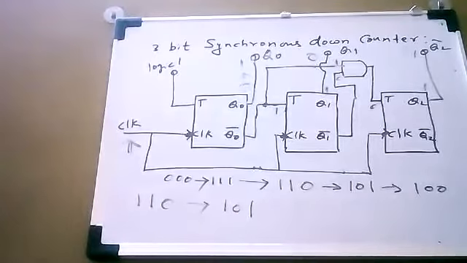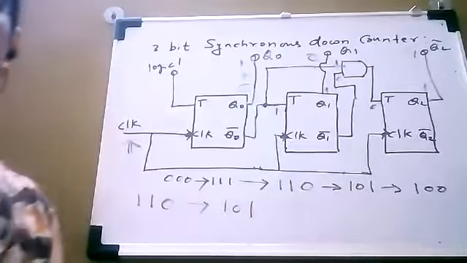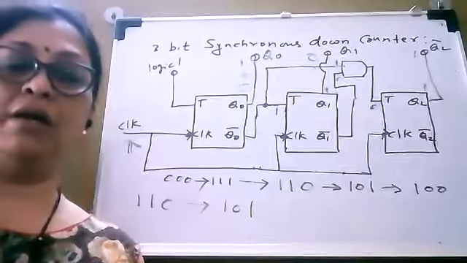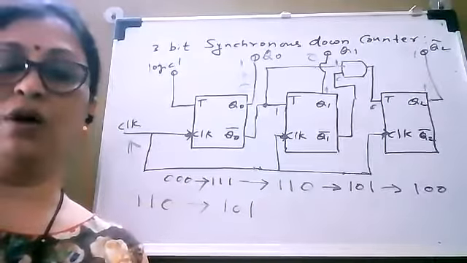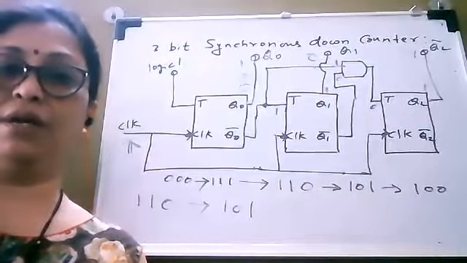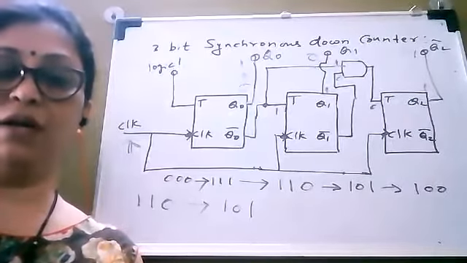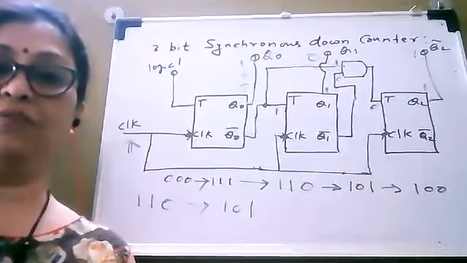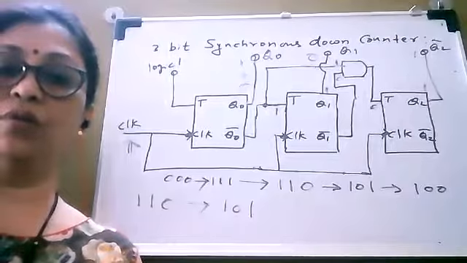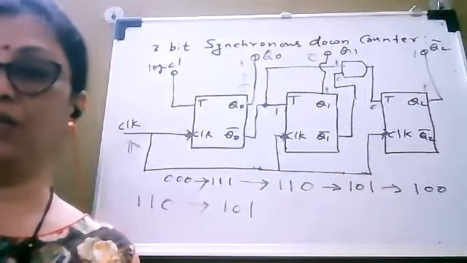You will get a down counting up to 000, and after 000 again it will go to 111. So the initial state of this counter is 111, and it will down count all the states. Okay. So in this way, the 3-bit synchronous down counter will work.